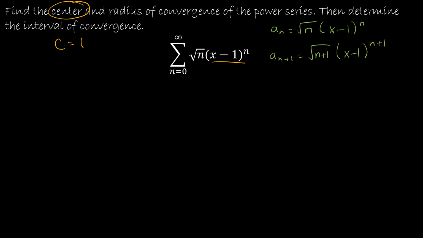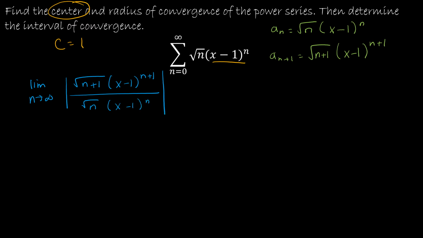I'm still going to perform the ratio test, so I'm going to find the limit as n approaches infinity of the absolute value of radical n plus 1 times (x minus 1) to the n plus 1, divided by radical n times (x minus 1) to the nth.